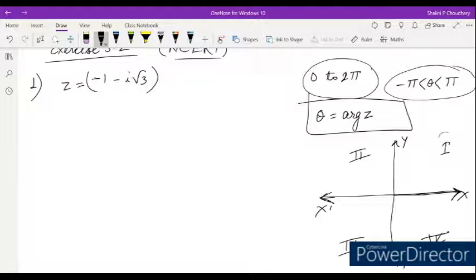So in the first quadrant and the fourth quadrant, cos will be positive. And sin theta depends on the y-axis, so y will be positive in the first and second quadrant, because in the first and second quadrant y is positive. So here sin is positive and here also sin is positive.